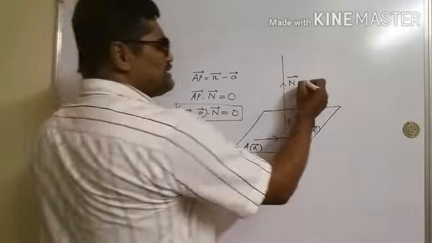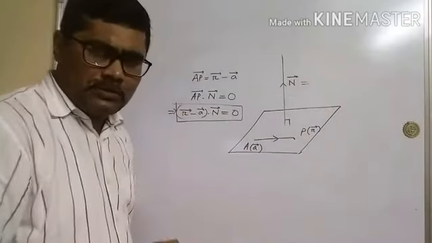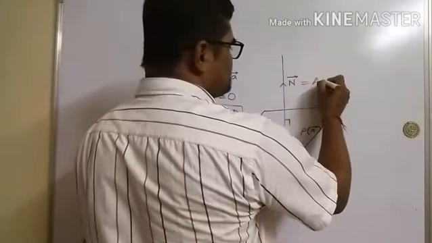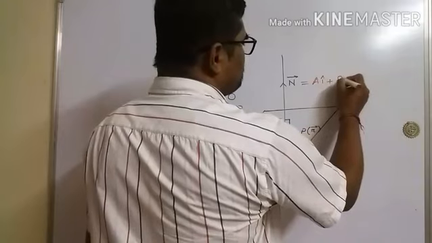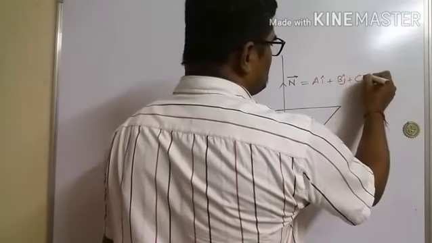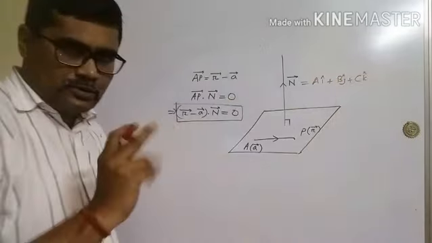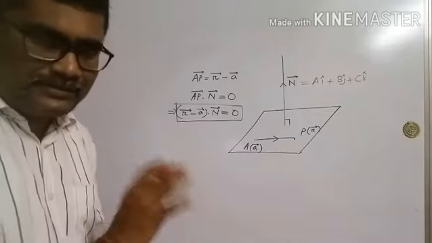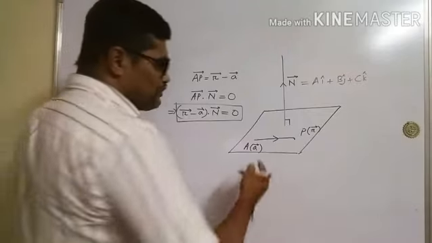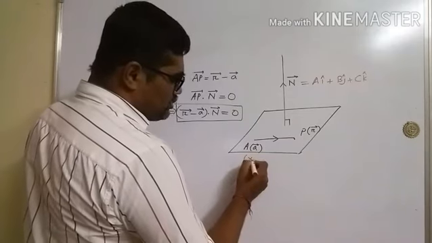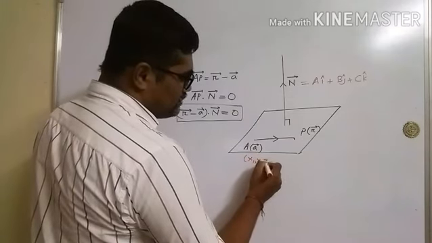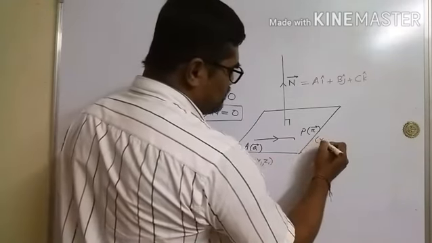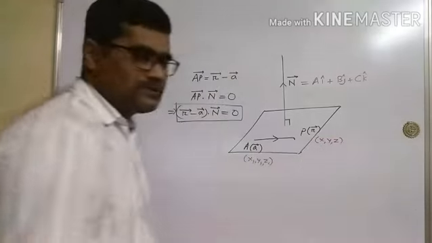So see, this is a vector, so it definitely has some components. Let me write the components as A I cap. For emphasizing again, we are writing the component also as capital. This is not at all necessary to write it like this. Next, this is a known point, so we'll write it as x1, y1, z1. It is a variable point, we'll write this as x, y, z.